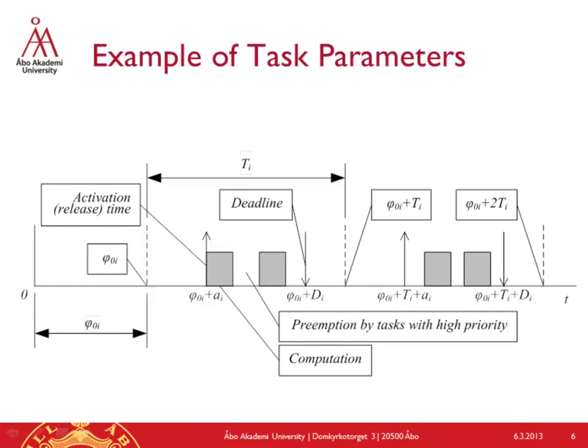And the computation time might be estimated as a sum of time for this particular task being activated here. Here this task, for example, was preempted by a task with another higher priority, and this is the so-called deadline, the time that the task is supposed to be finished. And this is the second period of execution here, the second period of execution of the same task. T means period.